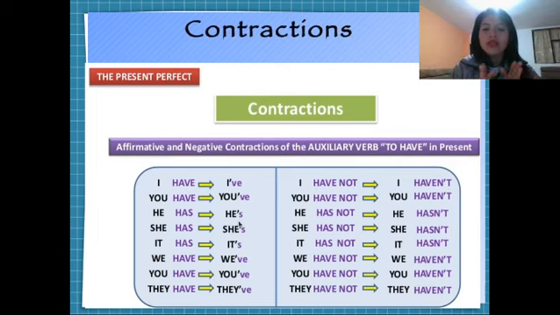Si la oración he's va seguida de un verbo en pasado participio, estamos hablando del presente perfecto, o sea, el auxiliar has. He's studied English. Él ha estudiado inglés. Pero el verbo to be nos sirve para describir, ¿sí? Es un verbo de estado.